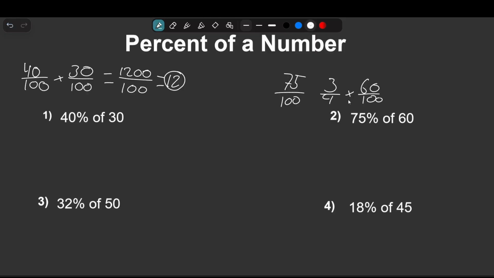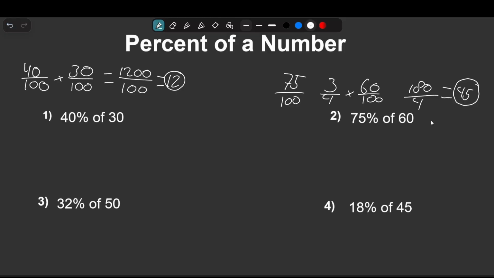But now we have 3 times 60, and we're going to get 180. Our denominator is going to stay 4, so now we see how many times 4 fits into 180. That is exactly 45, and so this will be our final answer.